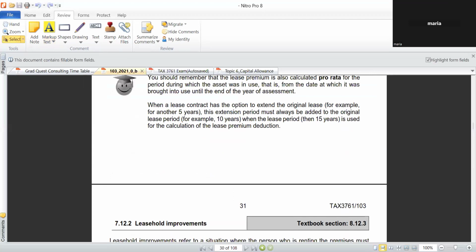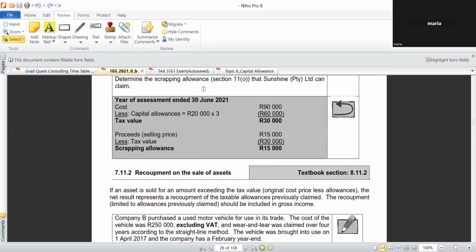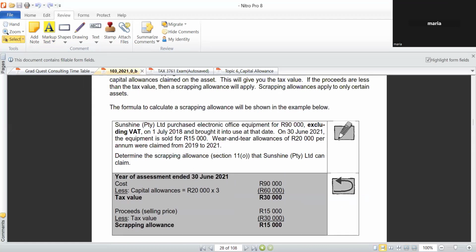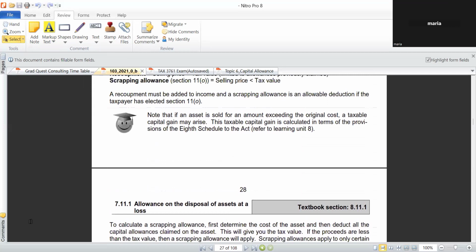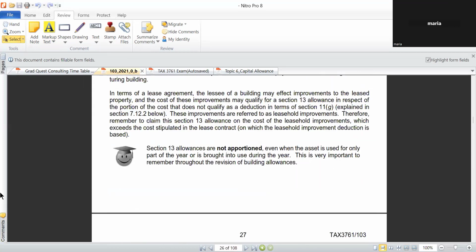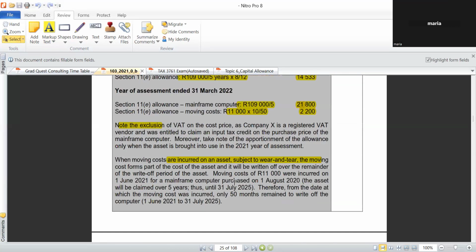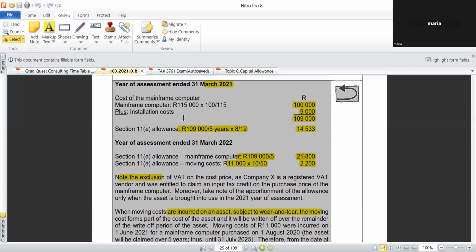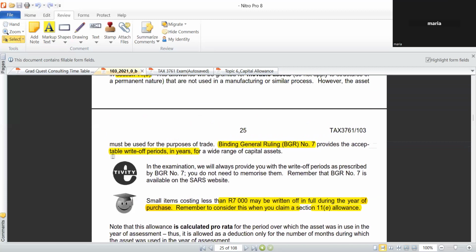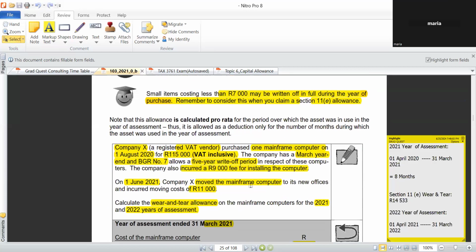Let me just quickly go to the part that we were looking at. I'll be able to tell you now. Okay. That was this example here that we looked at. This one right there. 7.9, wear and tear allowances.